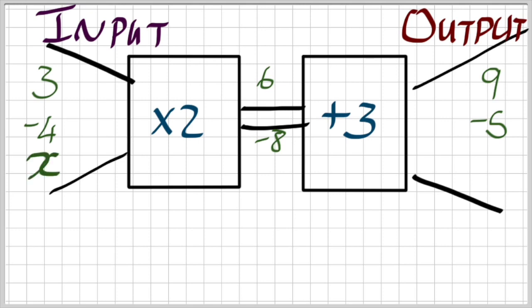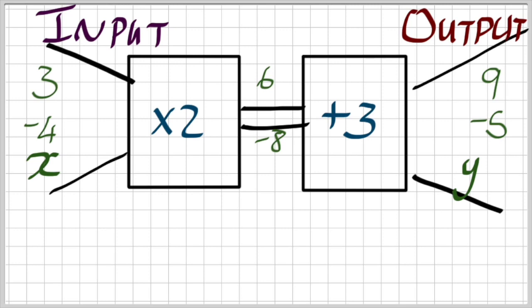But now the question is, what if I put x in there? Meaning I'm now looking for a general formula that represents this input to output. So this formula, what is it going to become? Well, if I put x in there and I times it by 2, I'm going to get some kind of y out.